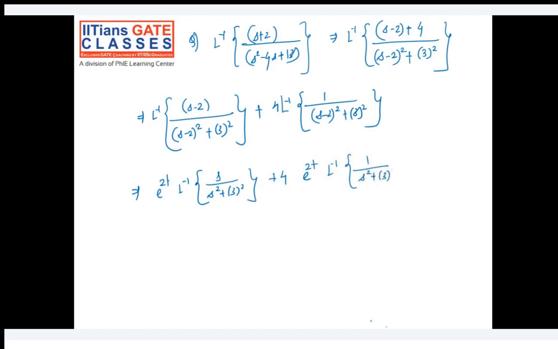So e to the power 2t inverse Laplace of s divided by s square plus 3 square is cos of 3t. I have added one extra step to make you understand the point here. And here it will be 1 upon 3 sine of 3t. So 4 by 3 e to the power 2t sine of 3t. This is the final answer.